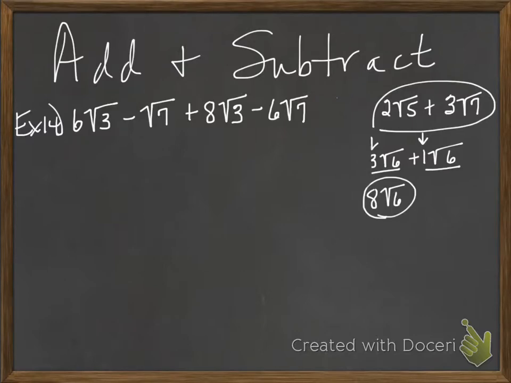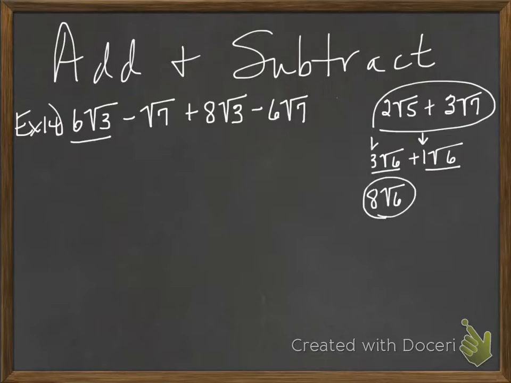Does everybody agree we're adding and subtracting in this problem? Pluses and minuses. Okay? Now, you have 2 different radicals here. What are they? 3 and 7. So the 3s are like terms, so I like to underline those once.